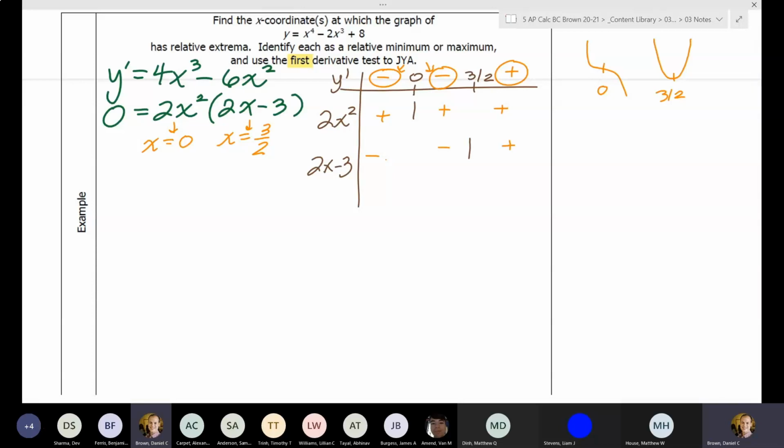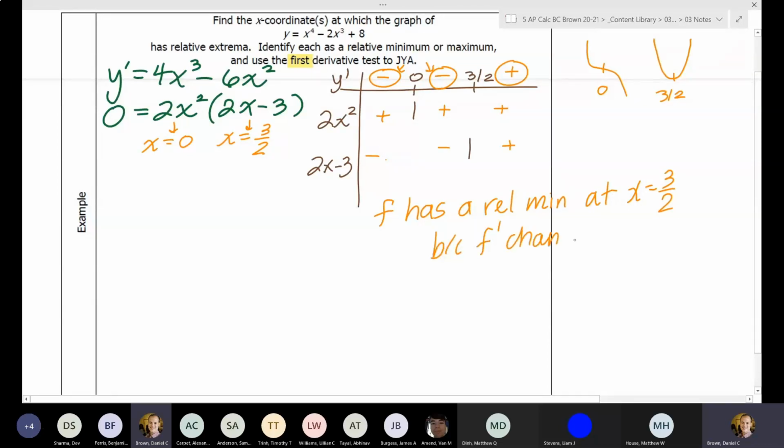So I do want to answer that and then justify my answer. So I can say something like f has a relative minimum at x is equal to 3/2. How do I know that that's a relative minimum? Because f prime changes from negative to positive.